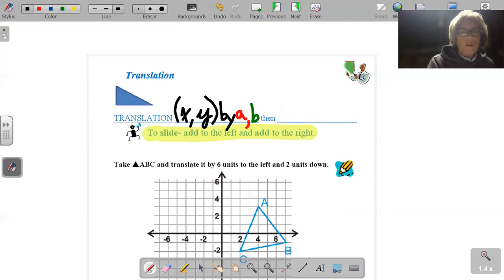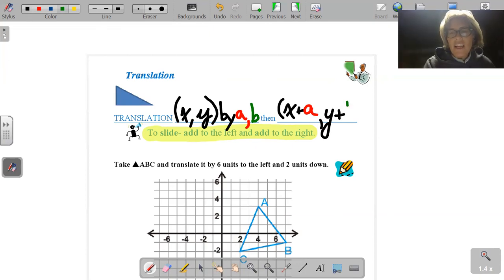All you do is you add the horizontal component to x, and you add the vertical component to y. When we say add, it could be add or subtract, because technically you can add a negative number. To slide, add to the left, add to the right.